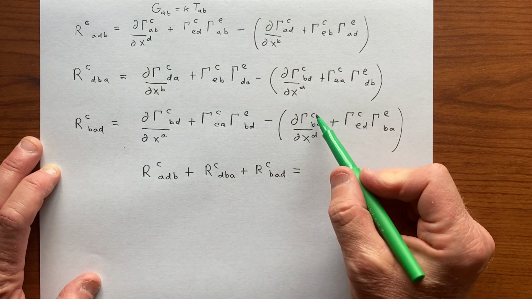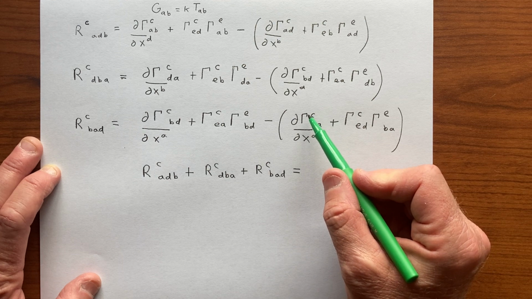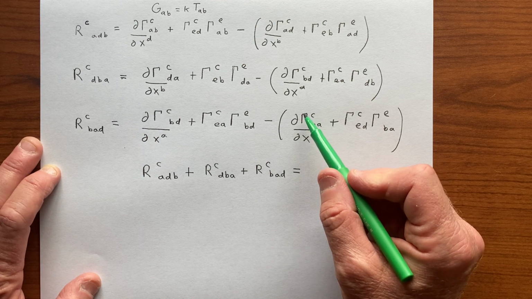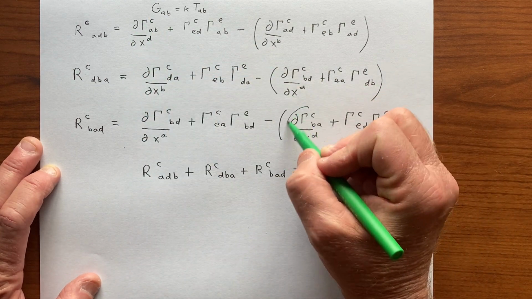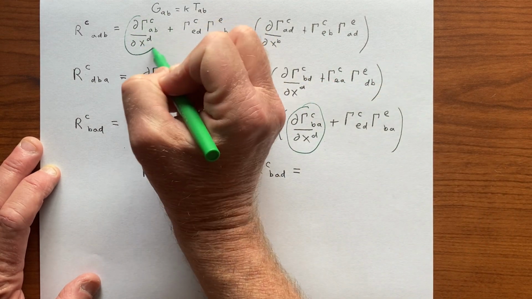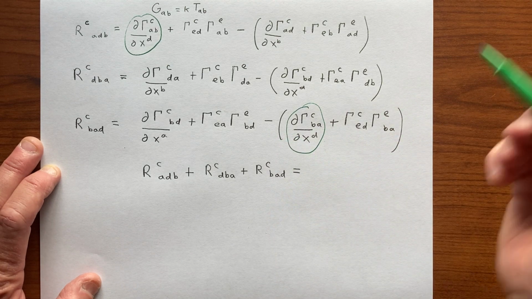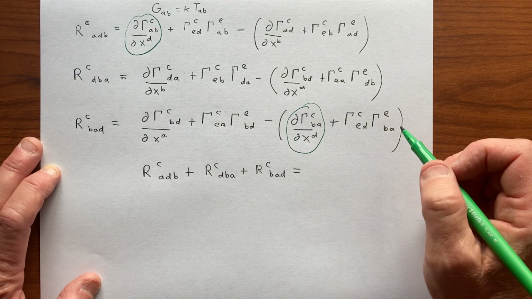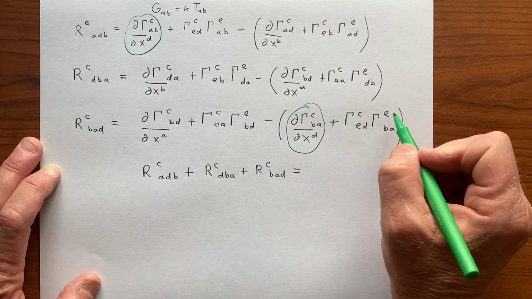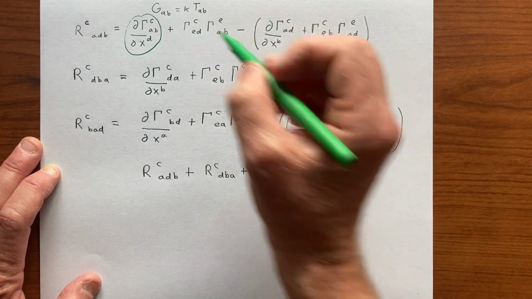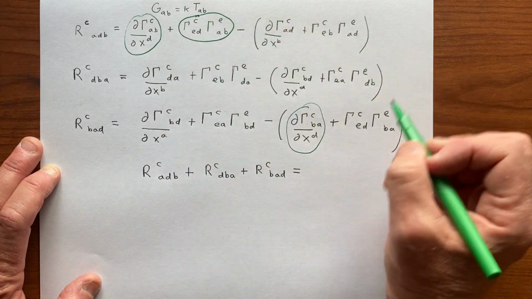I have CAB, I have CBA, but the connection is symmetric. So this is with respect to X^D, and so is this. These are the same thing, so this thing and this thing cancel out. Γ^C_EA Γ^E_BA, again symmetric, so this cancels with this.